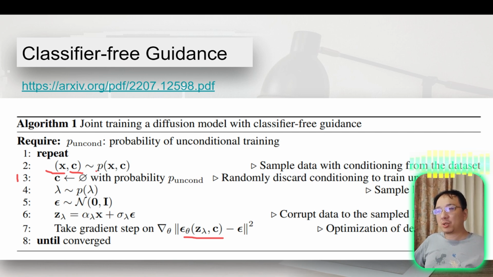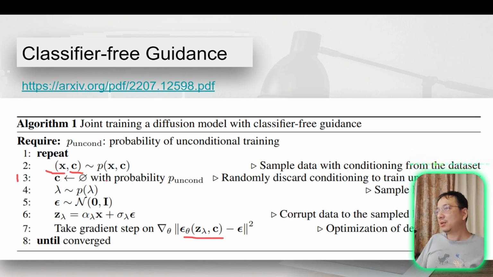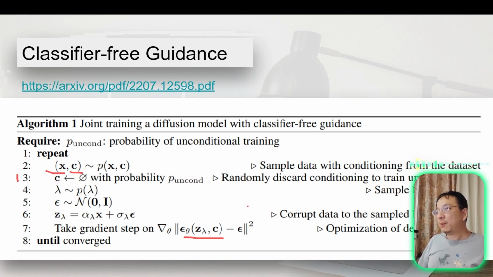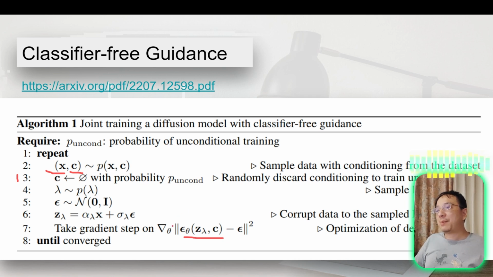Since we are mostly thinking about the text condition, the most natural way to consider an empty condition is an empty string, empty text. So if we treat an empty text string as an empty condition, which means no condition, then naturally, when we put this C as an empty condition into the model, this can be viewed as an unconditional model.